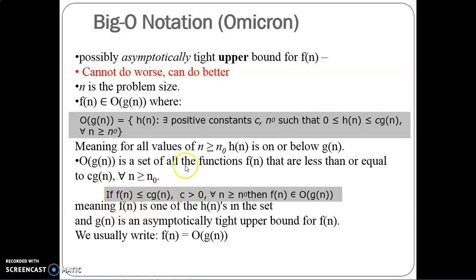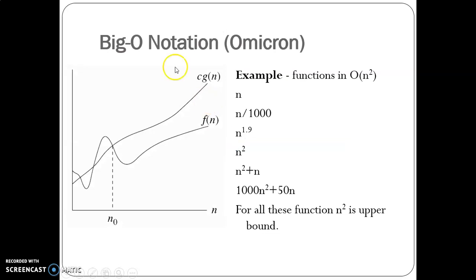If we want to understand this better, let us look at this graph. In this, we have the f of n function which describes the complexity of our algorithm, and say it is n square plus n plus 1. So we will put the values of n and we will calculate. This is n and this is the f of n.